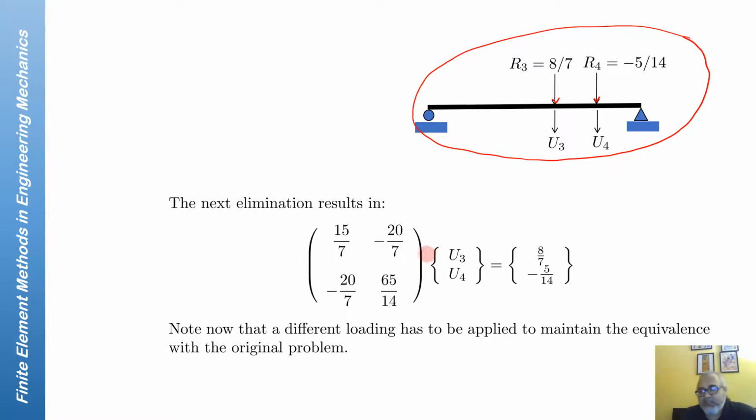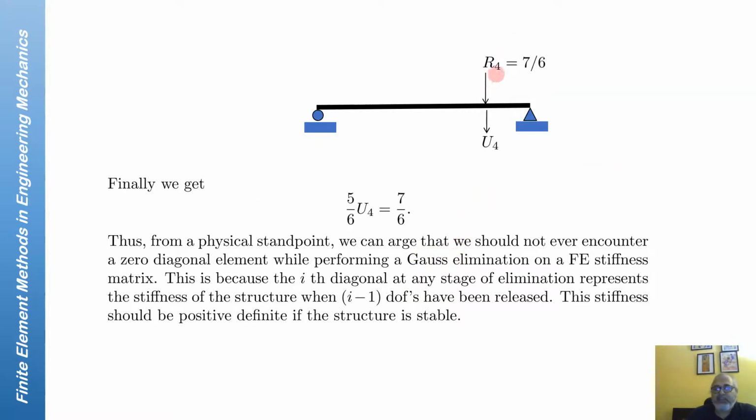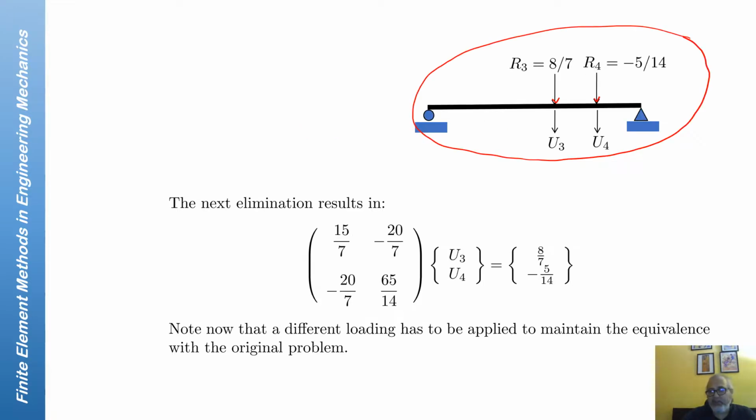The equivalent system after the third elimination is this, which is equivalent to the original system that we started with, and now we can solve for u4 directly from this. From a physical standpoint, we can argue that in an actual finite element problem, we should never encounter a 0 at the diagonal while we are doing this elimination, because the structure is always stable.